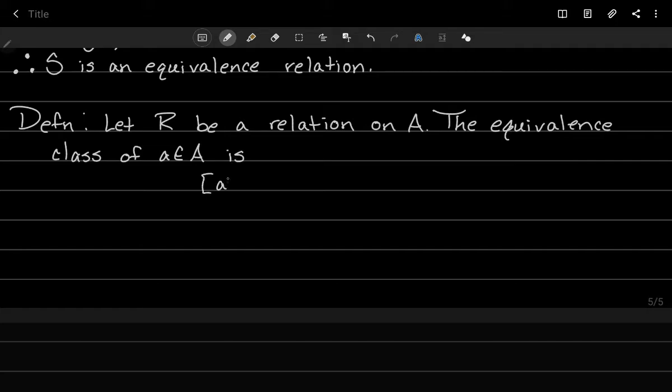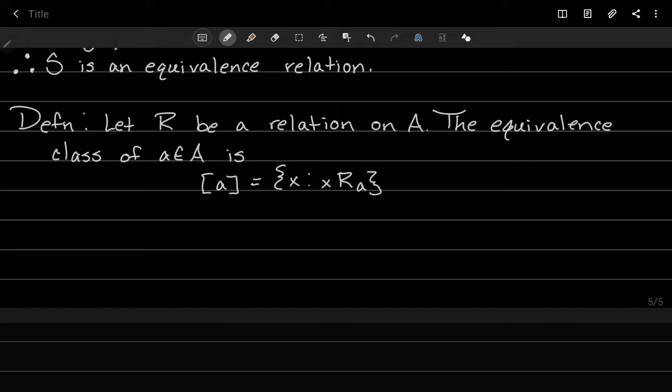We put square brackets around little a. That means equivalence class. That's just the notation for it. It's going to be the set of all x such that x is related to a.